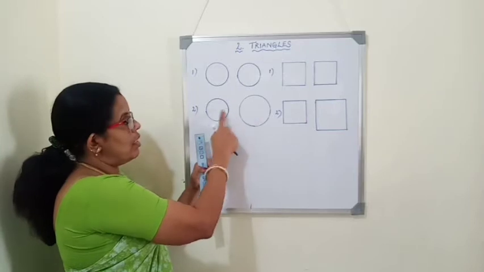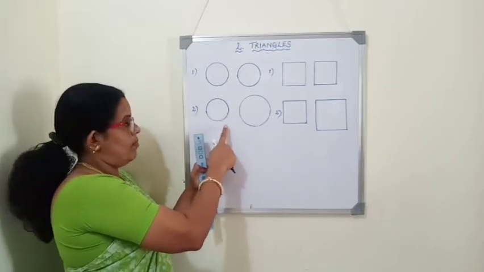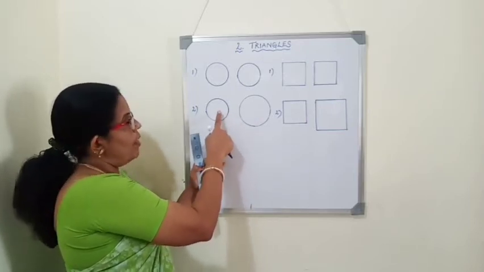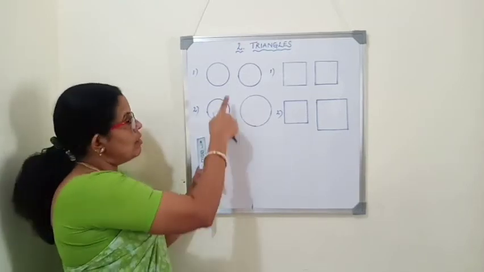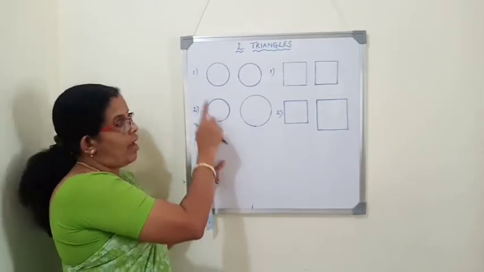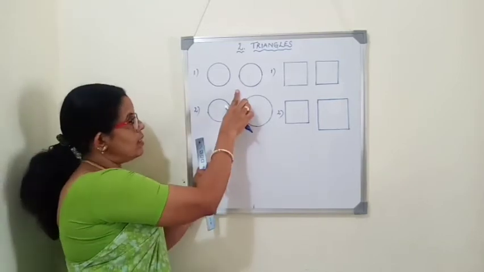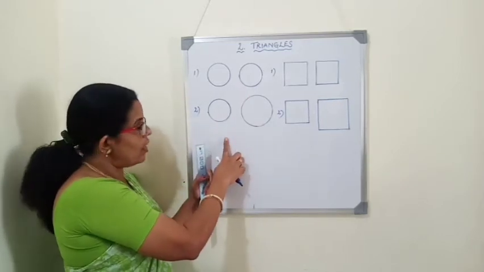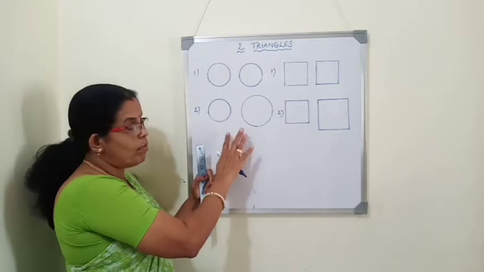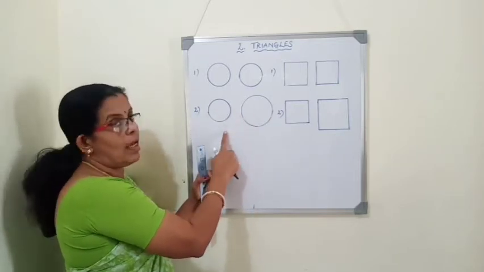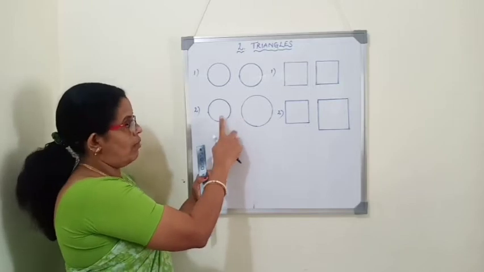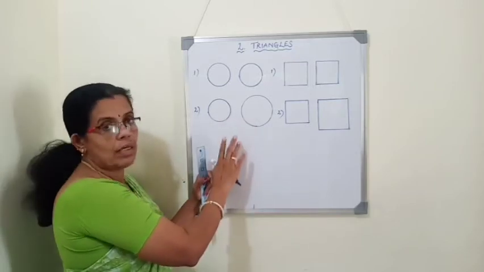So these two circles are called similar circles. Why? Because the shape will be same but the size will be different. So congruent figures have same shape and same size, but similar figures have same shape but size will be different. So these two circles are similar in shape, looking same but size is different.